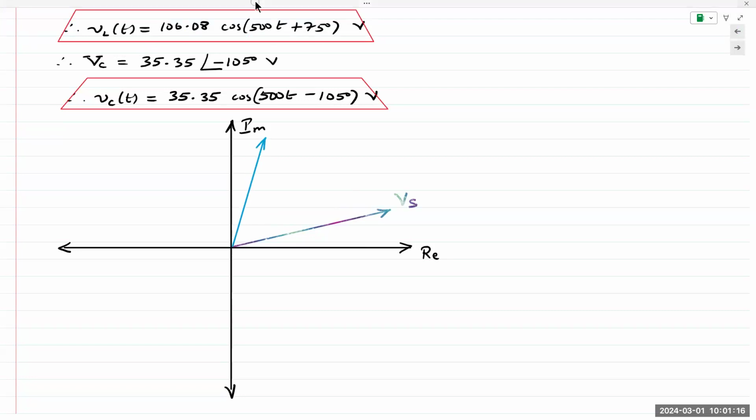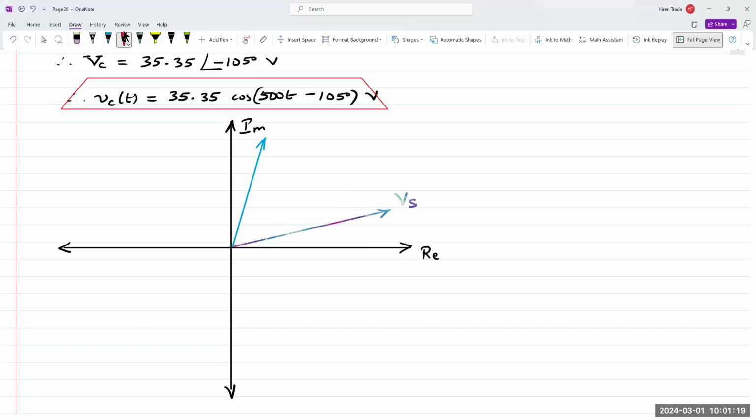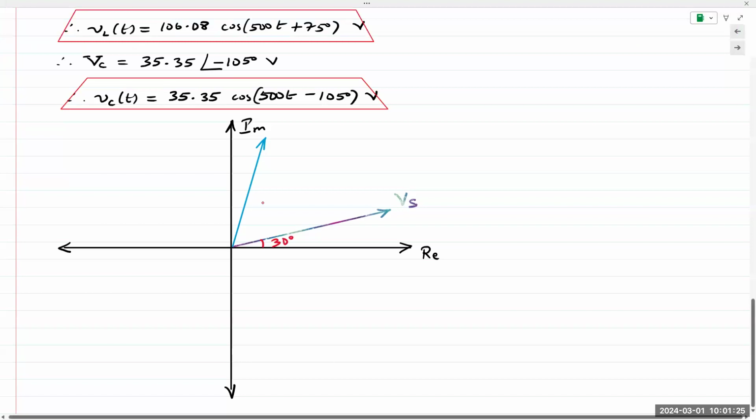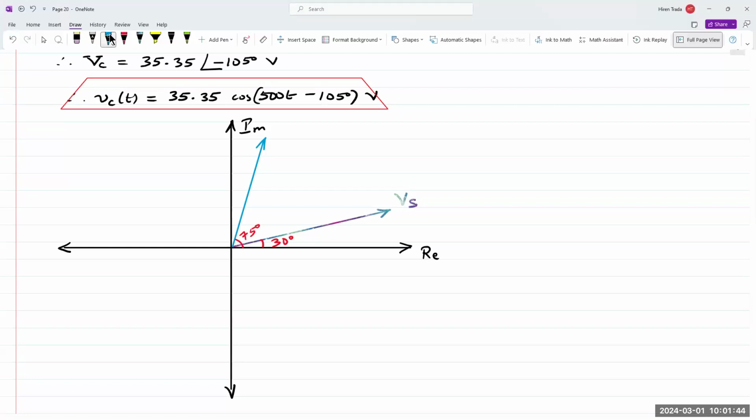This should be 30 degrees. This should be 75. So VL is at 75 degrees. And then VC is minus 105, so you go clockwise.